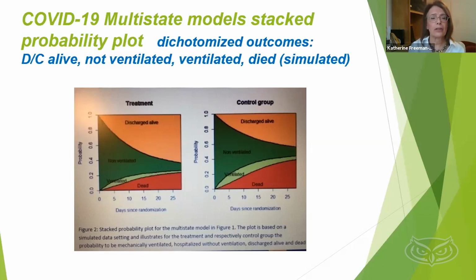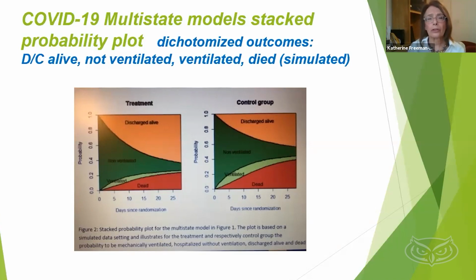So this is on day 1, March 20th. What proportion of patients in the hospital who have received treatment have been discharged alive, not ventilated, or have died? So as time goes on, these become more meaningful.